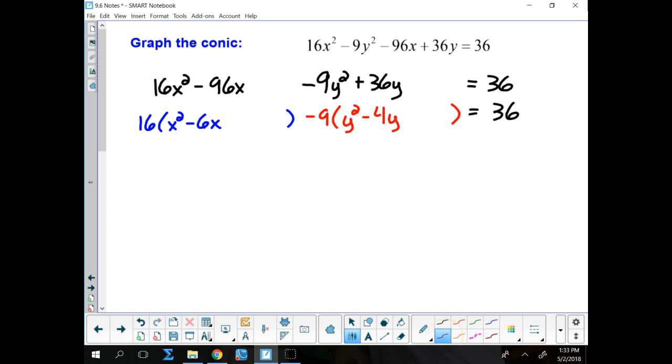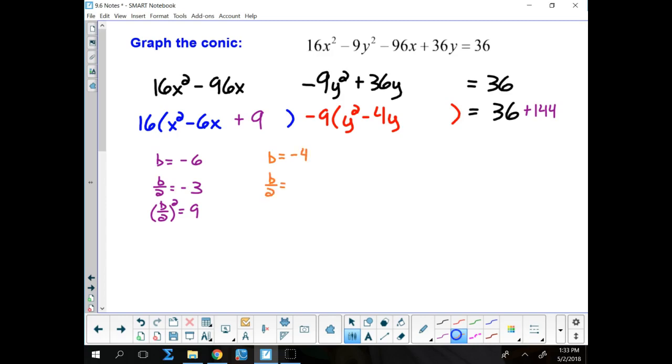Now, my b value for the x's is negative 6, which divided by 2 is negative 3, which squared is positive 9. So really I have to add 144 to the other side. My b value for the y's is negative 4.